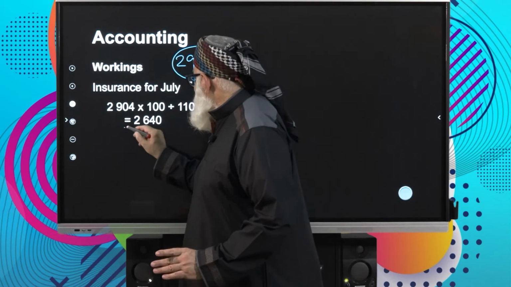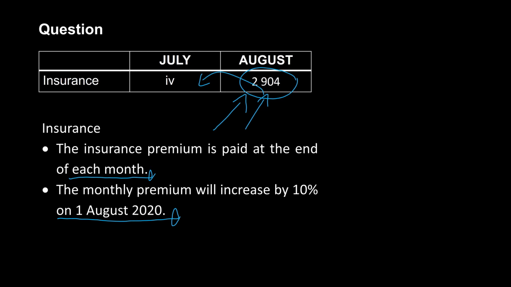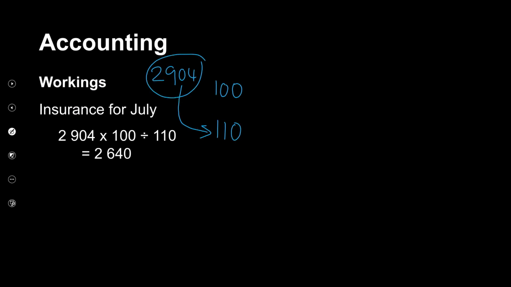So clearly you can see here that the insurance amount prior to the increase was 2,640, the amount before the increase. Take the increase into consideration, and you will see that if you increase that amount by 10%, you're going to get your new figure of 2,904, which was given.